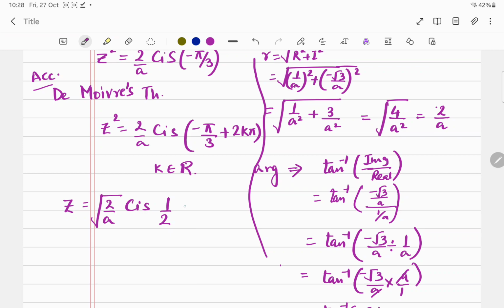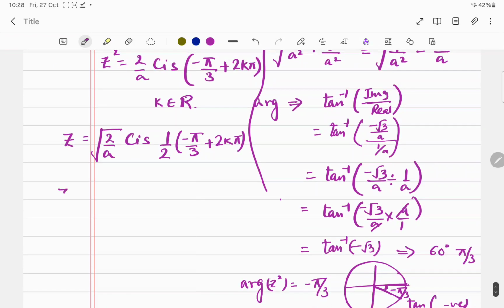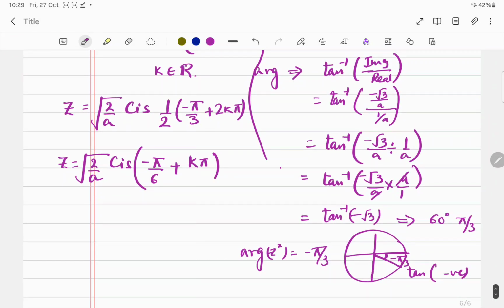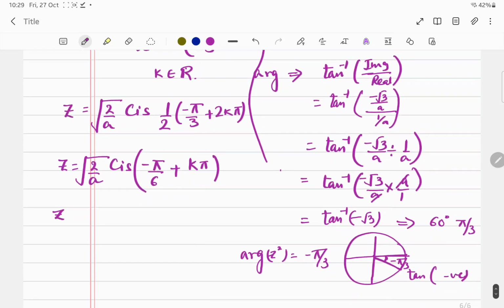So that is going to be minus pi over 3 plus 2k pi, over 2. z is equal to root 2 over A cis of minus pi over 6 plus k pi. Now this is z, and you can find as many solutions as you need. We need 2 solutions because we have z squared.